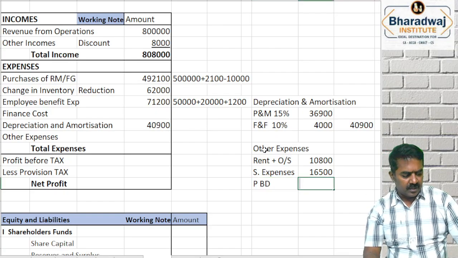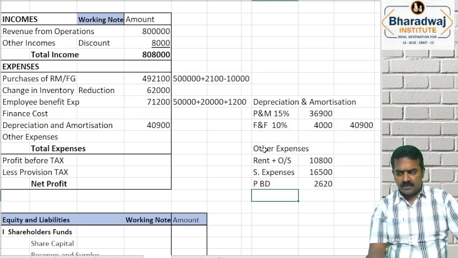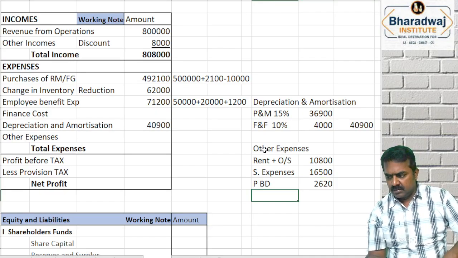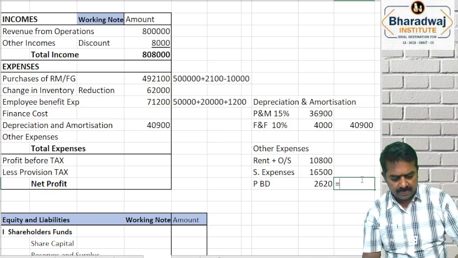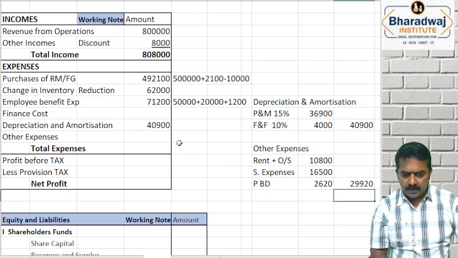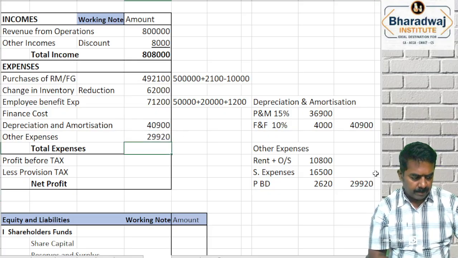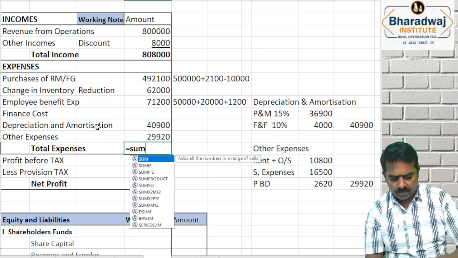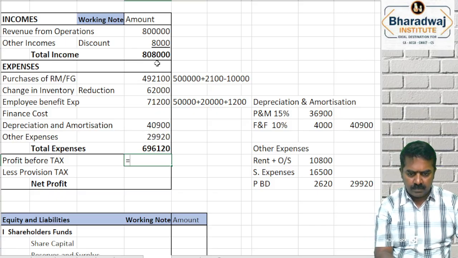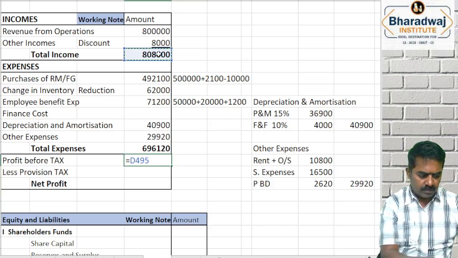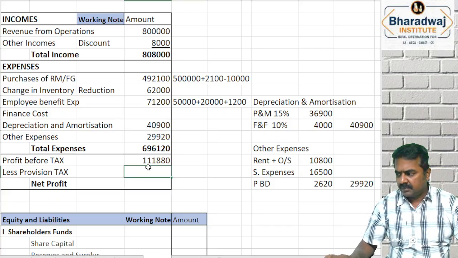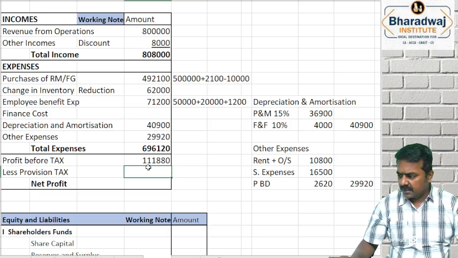Only the new provision, not the old provision. 2,920. Provision for tax to be made at the rate of 30%.